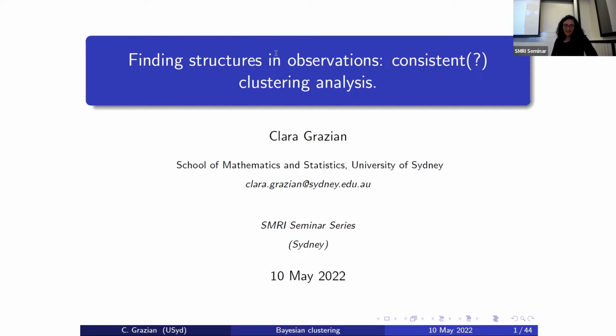As Stefan said, I'm going to introduce some of my work and more of the topic in general of clustering. Part of my research is based on clustering analysis, which is the idea of finding homogeneous groups in a population. I'll give a brief introduction and see how to estimate groups in a population.